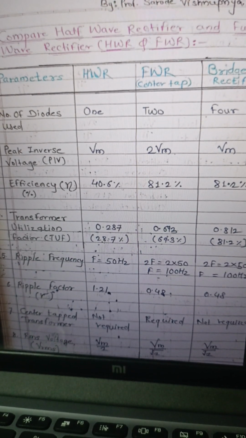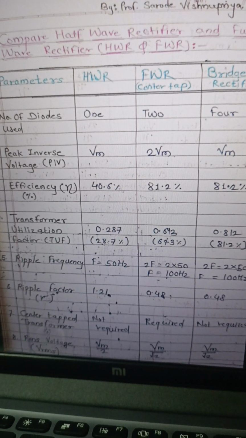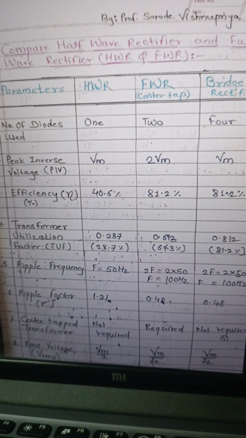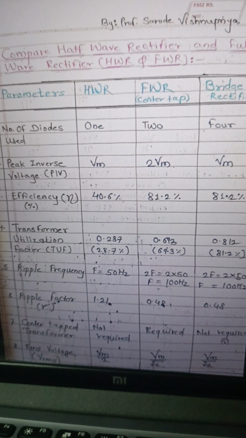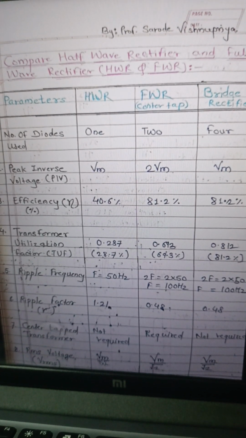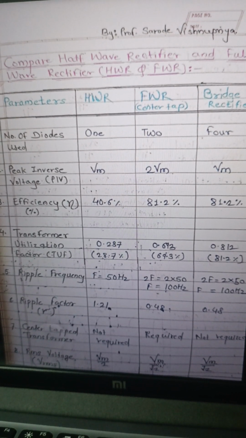Is a center tap transformer required or not? For the half wave rectifier it is not required. Only the center tap full wave rectifier requires it, and for the bridge it is not required. The RMS voltage for half wave is Vm by 2, and for both full wave it is Vm by root 2.